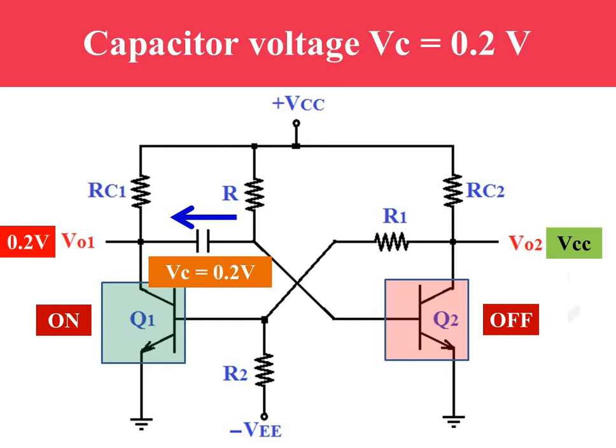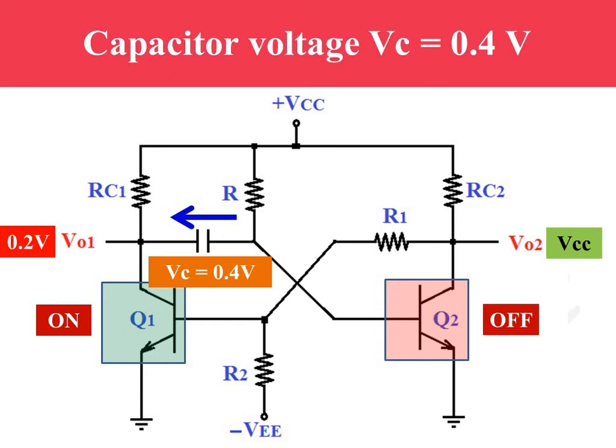Capacitance voltage rises from 0.2 to 0.3 volt. So this time voltage between base and emitter of transistor Q2 is equal to 0.3 volt across the capacitance plus 0.2 volt between collector and emitter of transistor Q1. Capacitor continues to charge and now capacitance voltage is equal to 0.4 volt.